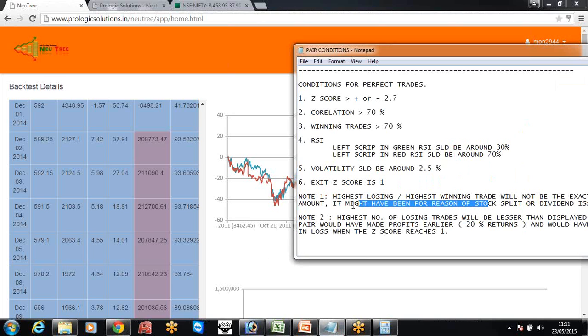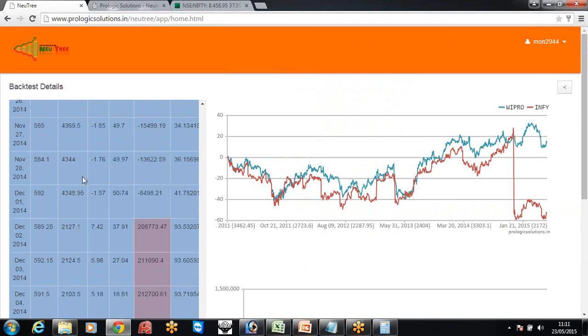The highest and the lowest winning trades might not be exactly the same amount because it might have been because of a split or dividend. You can see that there is a split here in Infosys, 4,300 rupees. It came to 2,000 rupees. That's because of that particular script.